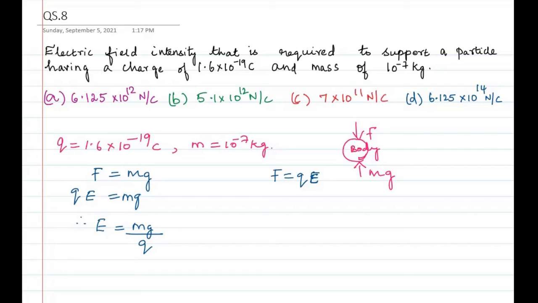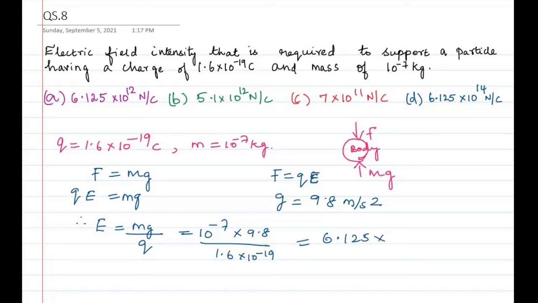So substitute the values: 10 power minus 7 into 9.8, where g is the acceleration due to gravity, 9.8 meter per second square, divided by 1.6 into 10 to the power of minus 19. Which is equal to 6.125 into 10 to the power of 12 newton per coulomb.